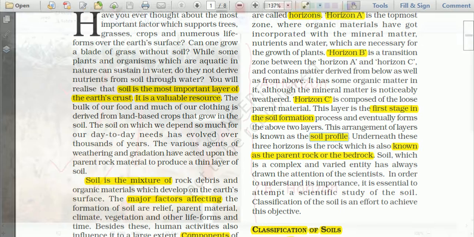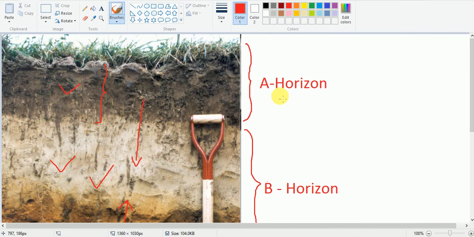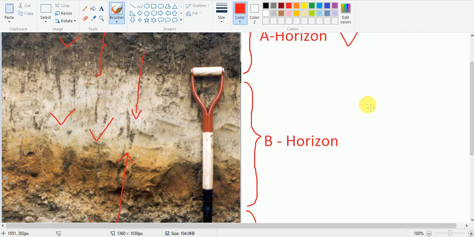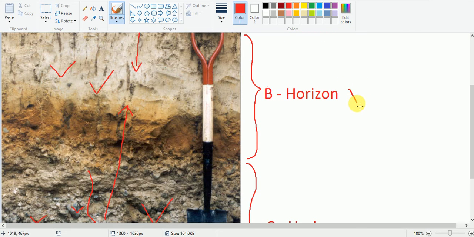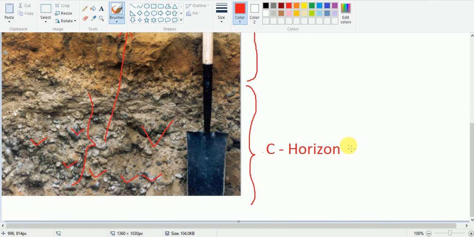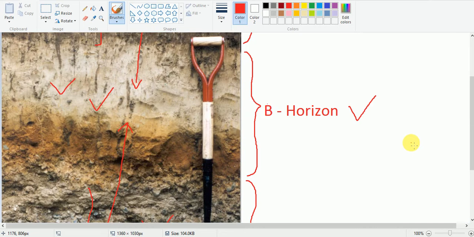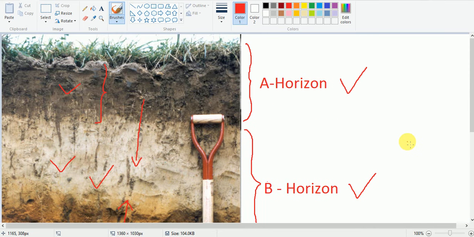Remember, according to our book, we have three horizons of soil. The topmost is known as A horizon, the second one is known as B horizon, and the third one is known as C horizon. However, in some other books you may find 4 layers.